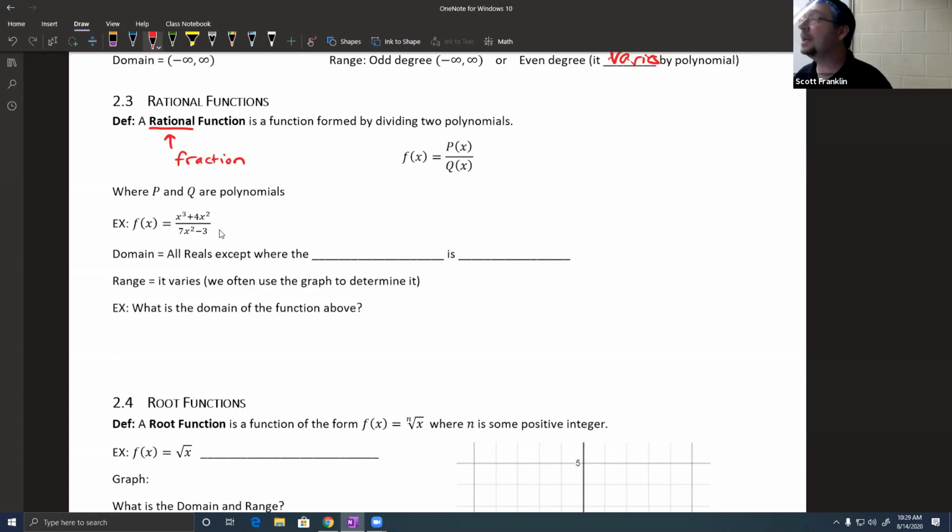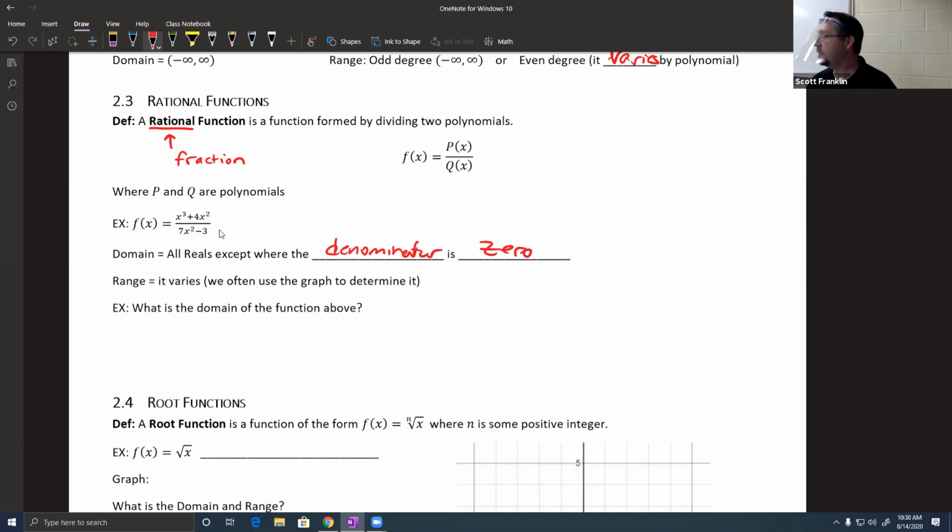So we can only include in the domain the values that have a legal, legitimate output. So it's going to be all reals except where the denominator is 0. If I ask what the range is, it's going to vary depending on the rational function, and the graph is generally the best way to determine it, although we can get a little bit better than that later in this class.